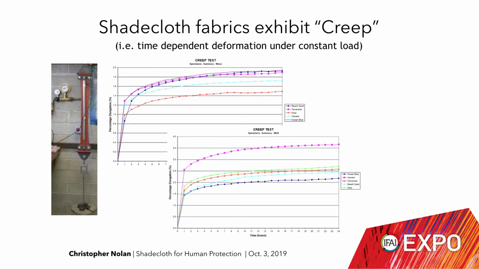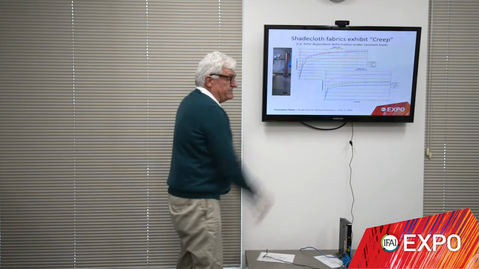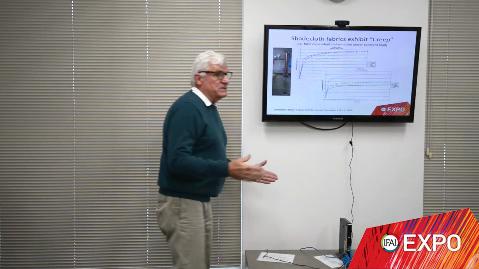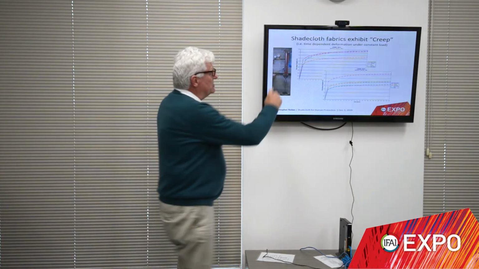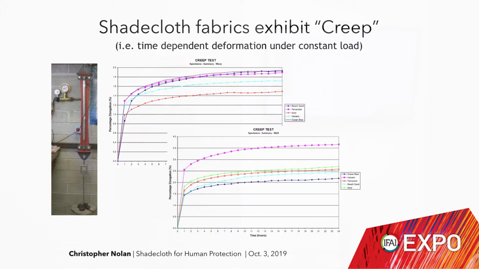But the thing to note about this is that at time zero here, there is no response of the fabric, and it takes an hour for it to actually respond to that degree of loading, and continues over a period of time to relax. In other words, the extension at 24 hours is 1.8%, or on average say about 1.5% in that direction after 24 hours, even though the original extension was zero.